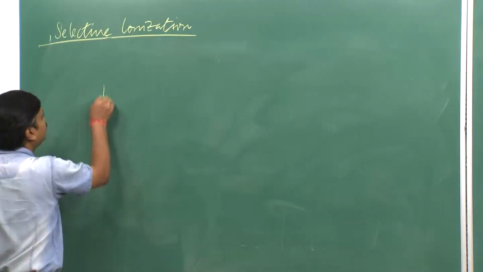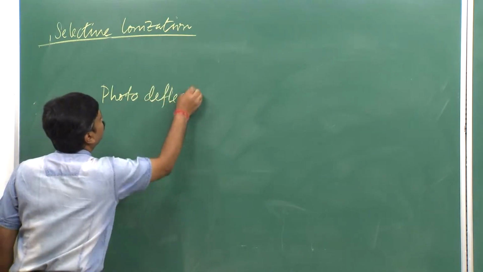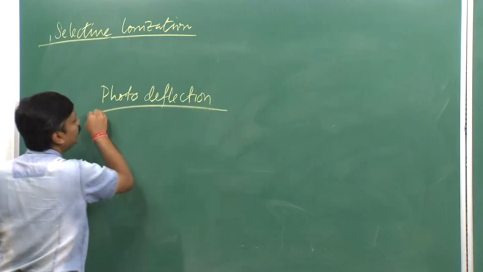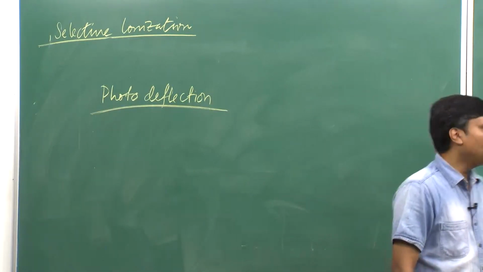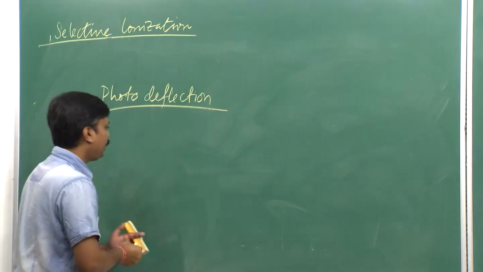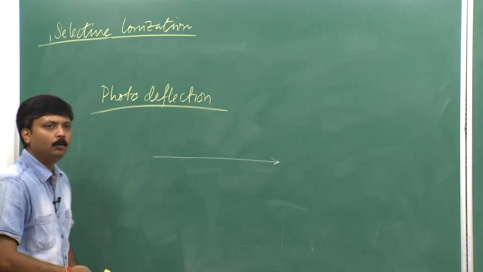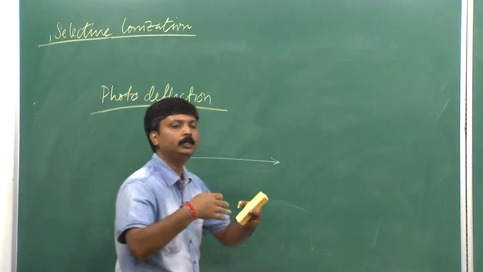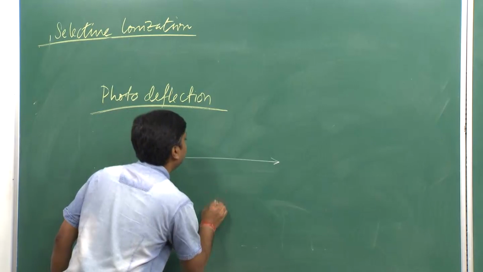And the last thing I will talk about is photo deflection. Photo deflection is that when a photon, particularly laser light, hits, it also transfers momentum. Okay. So, suppose my molecules are moving in this direction, for example in a supersonic jet expansion, and my laser light is perpendicular.